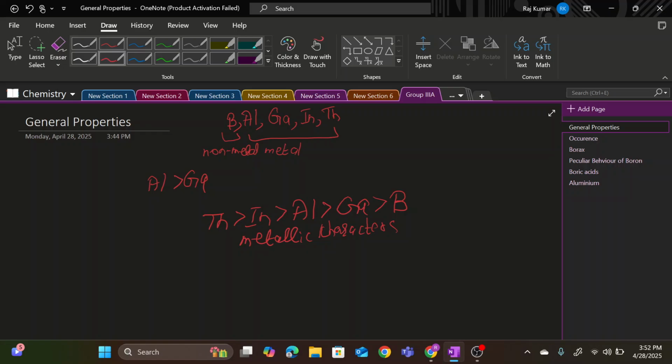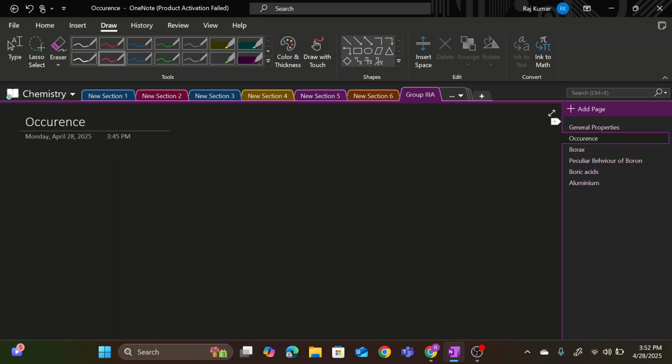Now let's move on to their occurrence. What actually is their role in the environment, in our Earth? So basically, if you talk about boron first, boron is a non-metal, and it comes under the category of micronutrients in plants, and is rarely used for any sort of metabolic activity in plants.